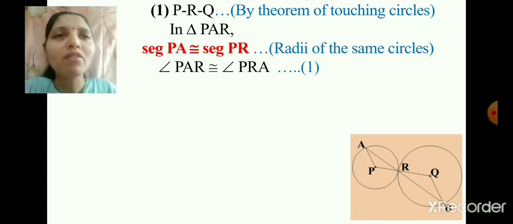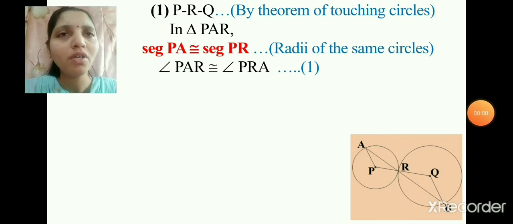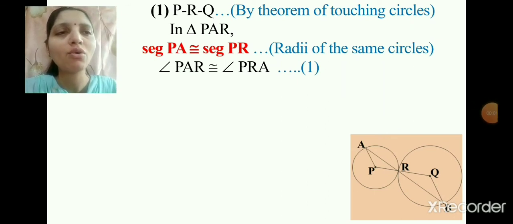Then we have to consider triangle PAR. So in triangle PAR, segment PA is congruent to segment PR. These two segments are congruent because they are radii of the same circle. Now here, if segment PA and segment PR are congruent, then we can say that this triangle PAR is an isosceles triangle because two sides are equal.